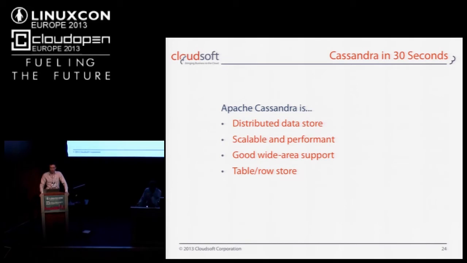So its replication both within racks or availability zones in the cloud or across different regions is extremely good and built in, and it will do things like monitoring the latency between various connections in order to tune things on the fly for where your data is being replicated and where you're reading from. And it's a table row store.